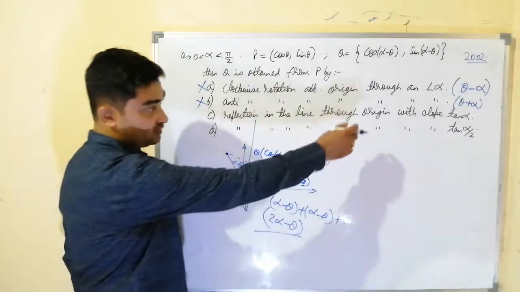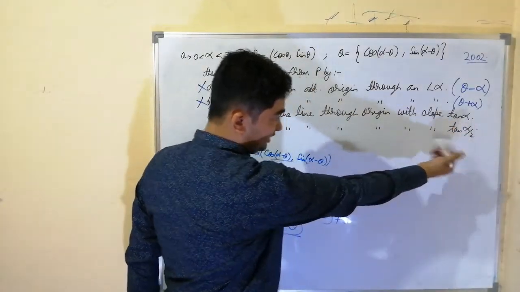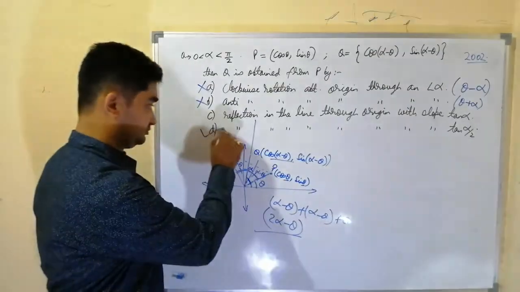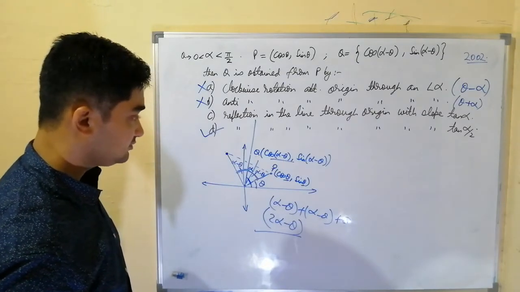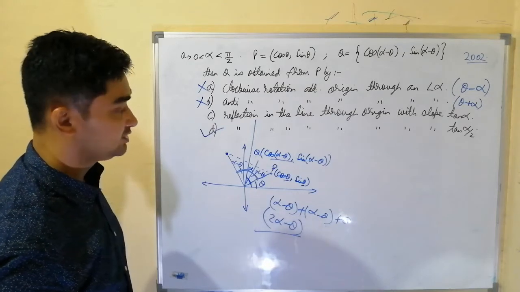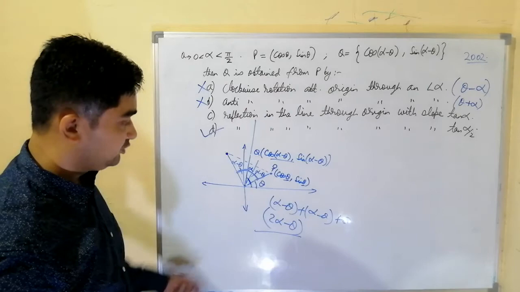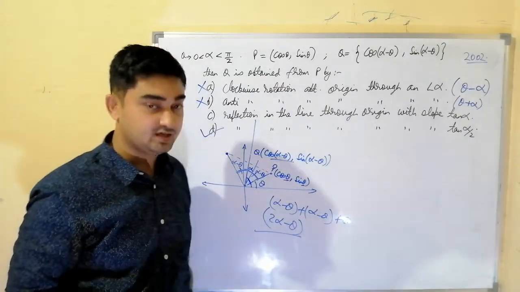That means instead of reflecting along a line which has slope tan alpha, we can reflect it along a line which has slope tan alpha by 2. That is, replace alpha with alpha by 2. So like this, one by one we have to eliminate the options. So try this. If you have any doubt, please put it in the comment section.